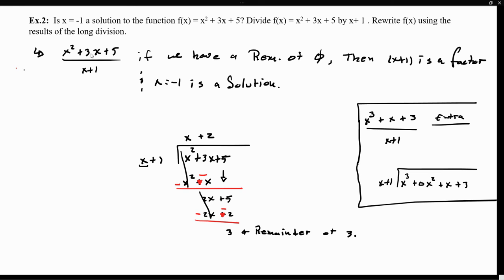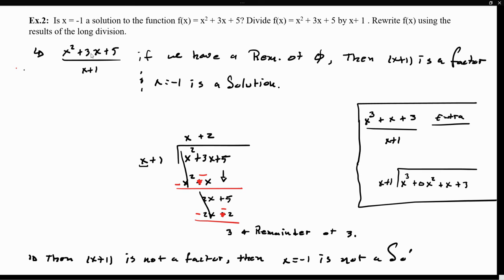So therefore, let me just write it out. Since our remainder is not equivalent to 0, then the expression that we divided by, which in this case was x plus 1, is not a factor. Therefore, x equals negative 1 is not a solution.